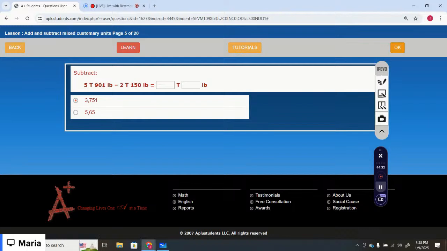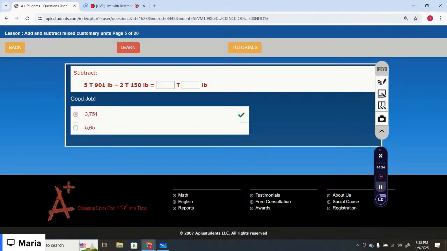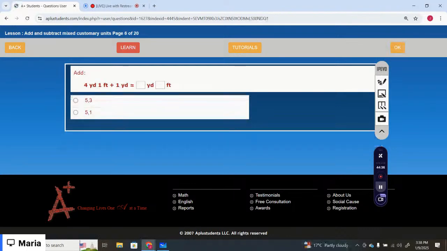Option number 1 is the correct option. 4 yards 1 foot plus 1 yard.